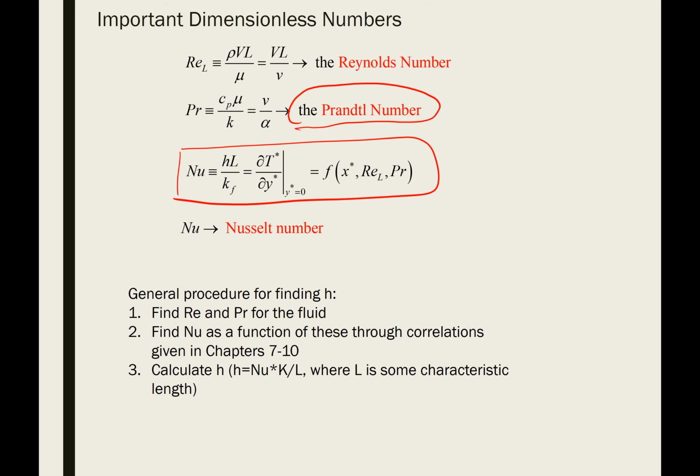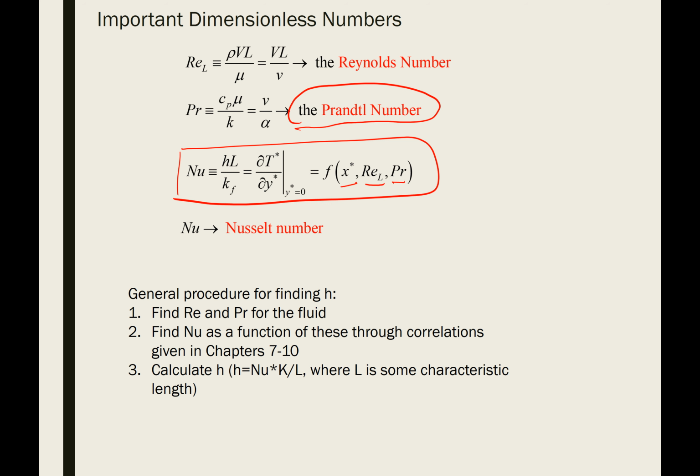So they'll typically generate these correlations that give you a Nusselt number, and then from the Nusselt number you go and figure out what your actual h is for that fluid. And we'll get into that. So the Nusselt number is going to be very important. It's typically a function of our geometry, a function of our fluid flow, and a function of the fluid itself with the Prandtl number.